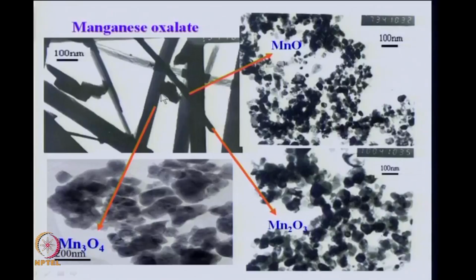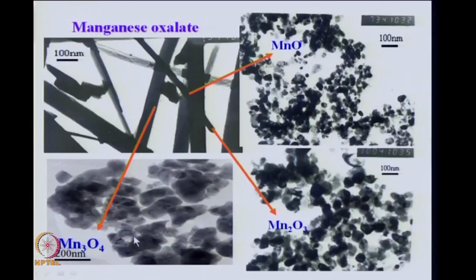say several microns. And if you decompose these manganese oxalate rods under some condition, that is, you can heat this in air or oxygen or nitrogen, depending on the environment in which you decompose these manganese oxalate rods, you will get different oxide nanoparticles like MnO, manganese oxide, Mn2O3 and Mn3O4.